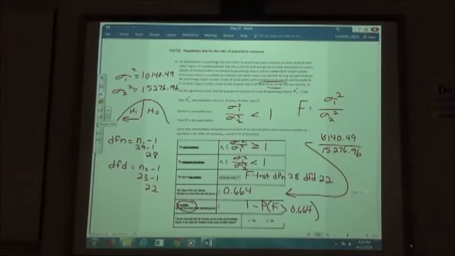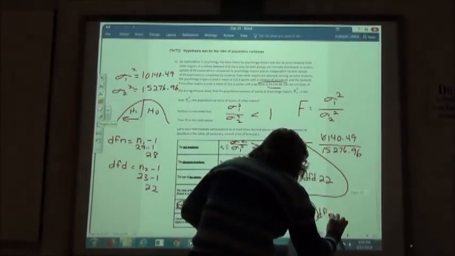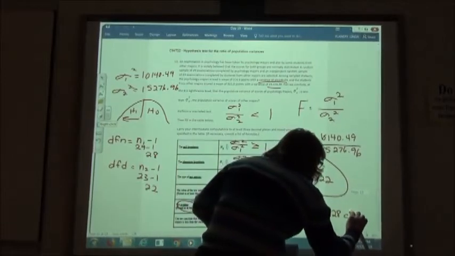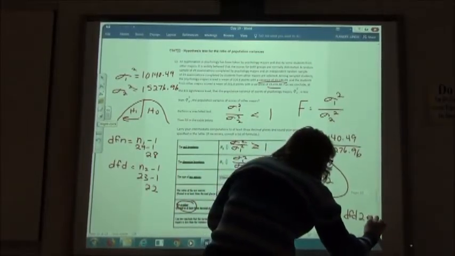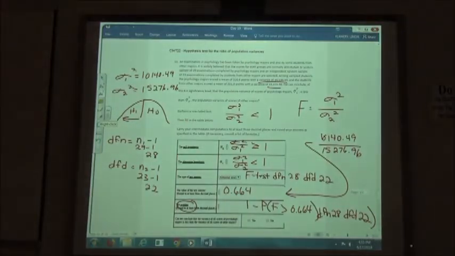So if you do 1 minus p of f is greater than 0.664, whoops, I forgot my degrees of freedom. Degree of freedom in my numerator, 28. Degree of freedom in my denominator, 22. I tried to forget those last time too. 0.152.